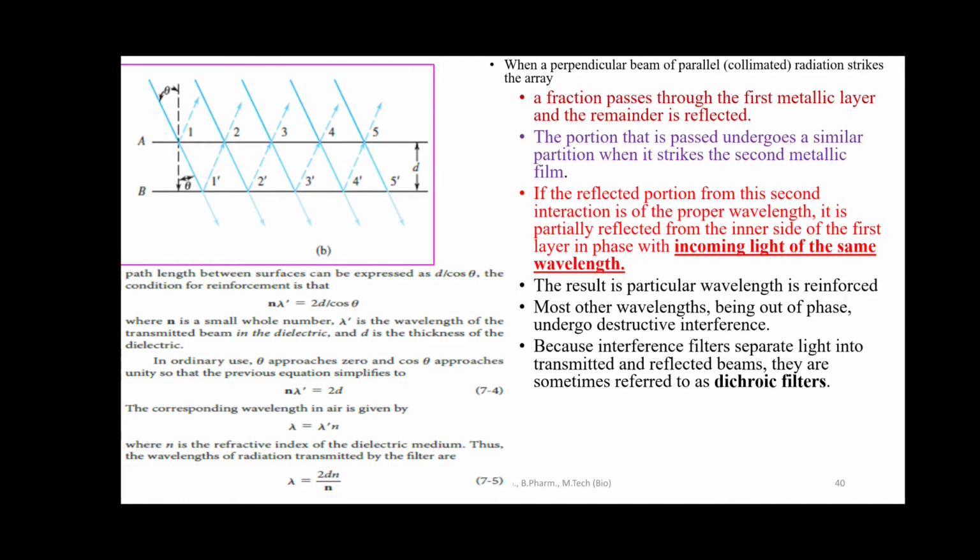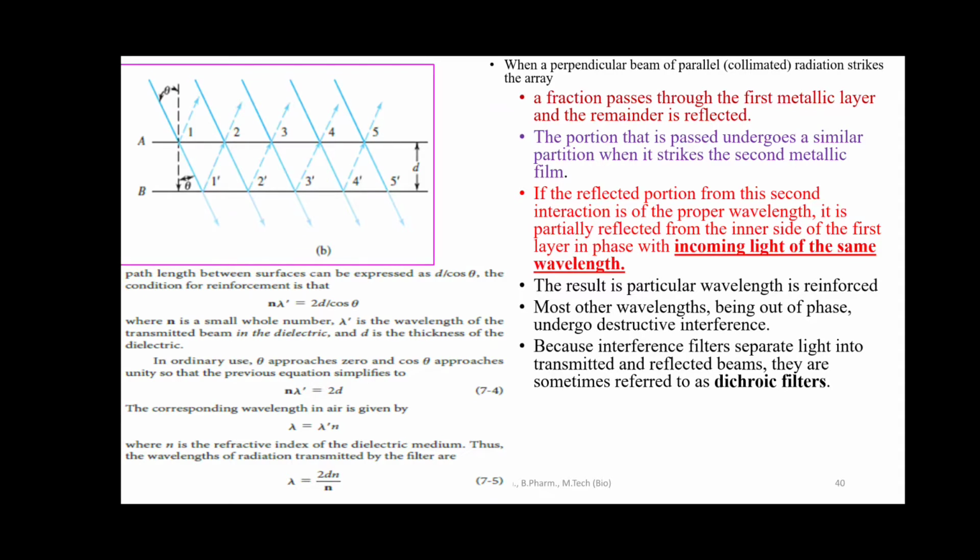That is what we have to check, and we have to make it according to our wavelength needs. Now how it works: when a perpendicular beam of parallel radiation strikes the array, which means the surface, array means the whole setup, a fraction passes through the first metallic layer and the remainder is reflected, right?